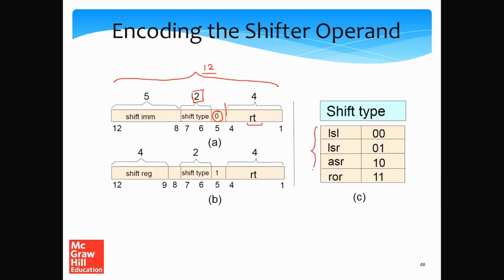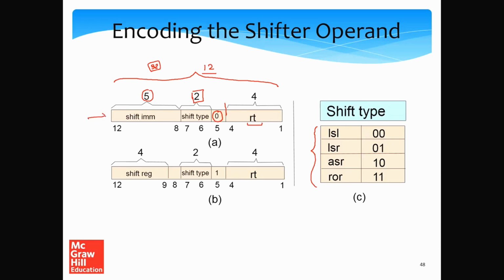Since there are 4, they can be encoded with 2 bits, with LSL being 00 and ROR being 11. The shift type is encoded in the next 2 bits, and subsequently is the shift amount. Any number can only be left shifted, right shifted or rotated by at the max 32 positions, so we need 5 bits, which is exactly what we have. That's lucky for us.